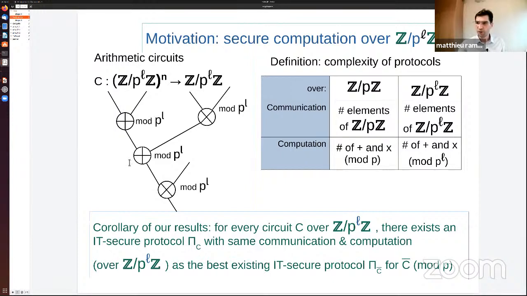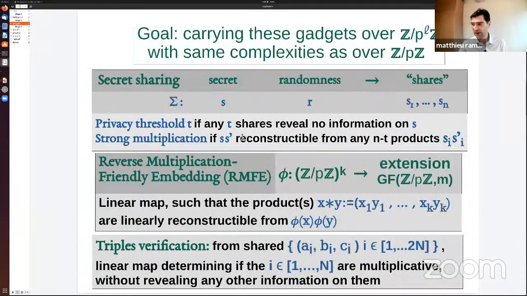Now, the first gadget, which I'm going to define again, is secret sharing with strong multiplication. It asks that if you have two vectors of shares of one secret S and one secret S prime, and you don't know the vectors of shares, but you know products component by component, share by share.